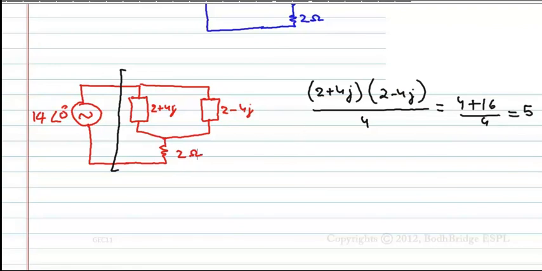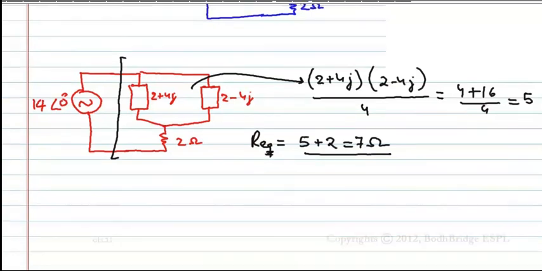And this 5 ohm is in series with 2 ohm. Therefore 5 plus 2, 7 ohm. R equivalent equal to 7 ohm. This is this part, and with this also, the total R equivalent.